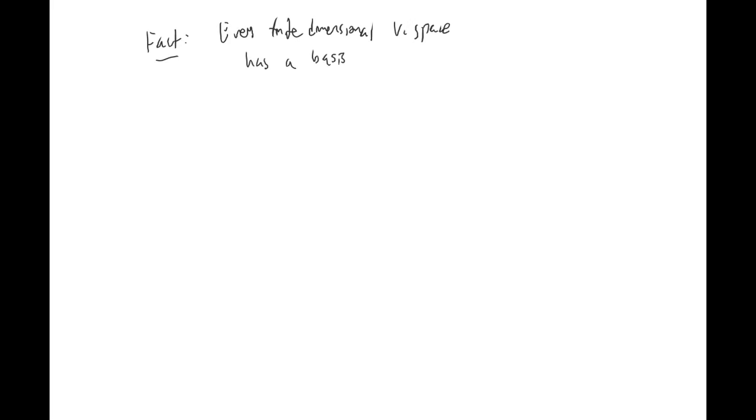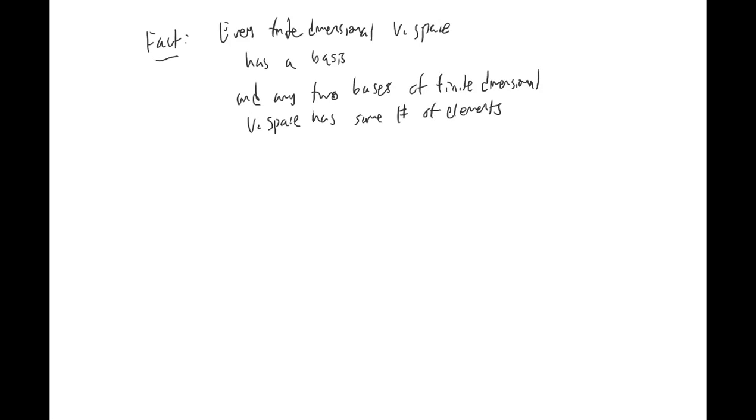So a basis always exists for finite dimensional spaces, and any two bases of a finite dimensional vector space have the same number of elements.